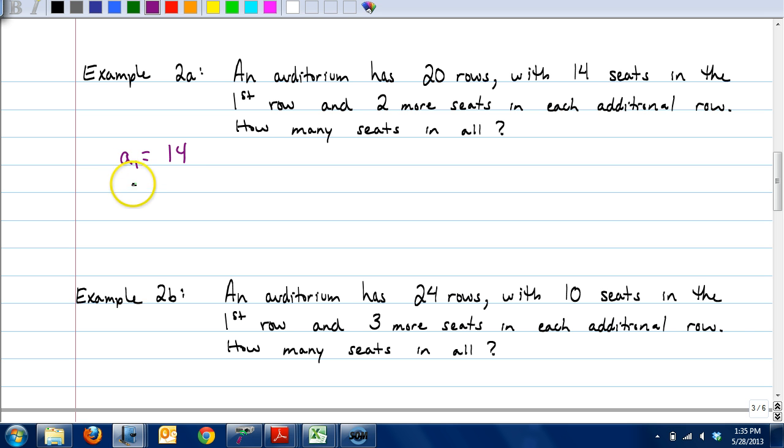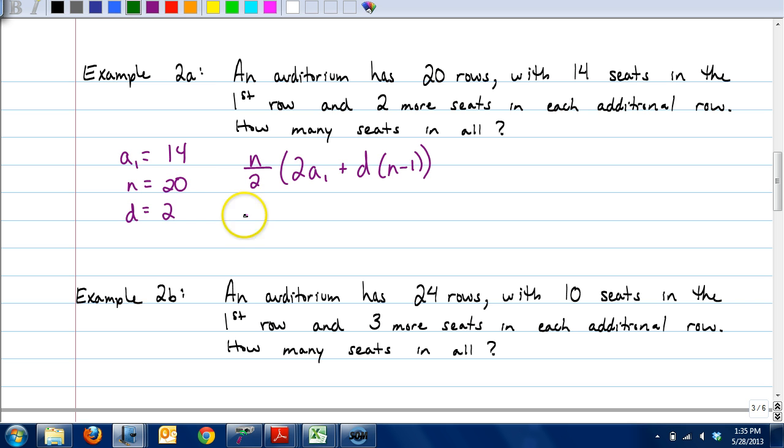But I know that there's a total of 20 rows in the auditorium, and that my constant difference between each row is 2 seats, because every row we're adding 2 more. So I can use that second formula that we talked about, the one where it was n divided by 2 times the first term plus your constant difference times n minus 1.